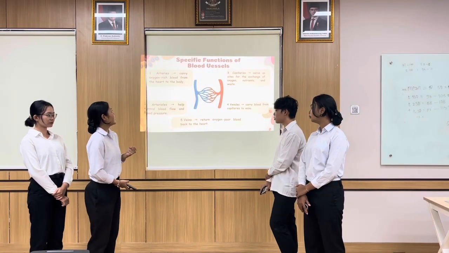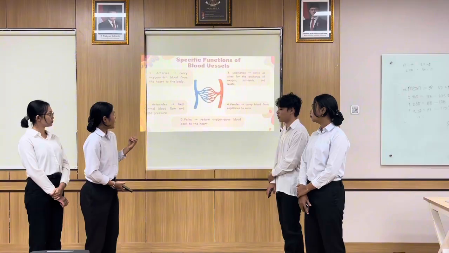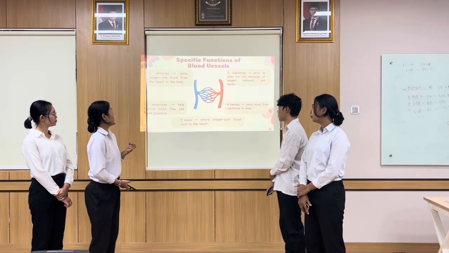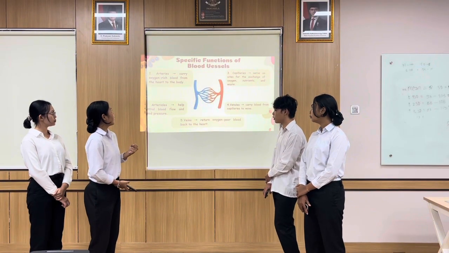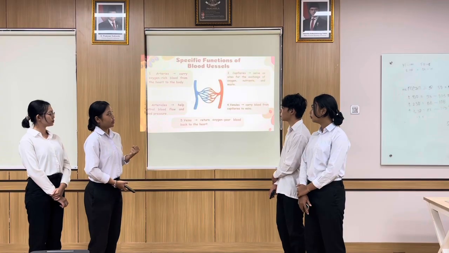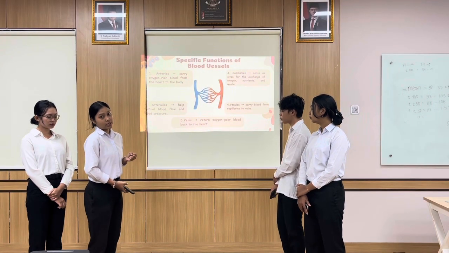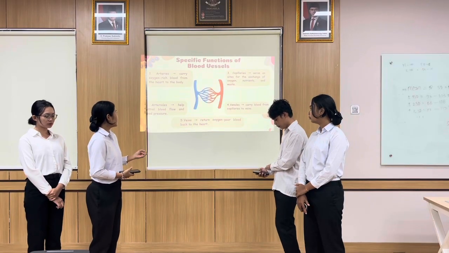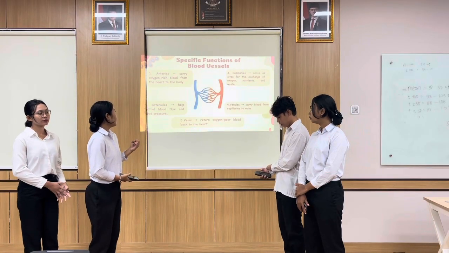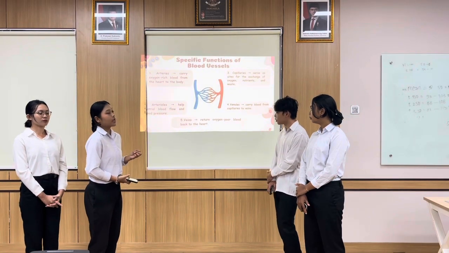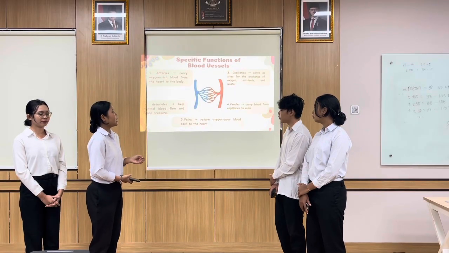The first is arteries. The function is to carry oxygen-rich blood from the heart to the body. Two, arterioles. The function is to help control blood flow and blood pressure. Three is capillaries.